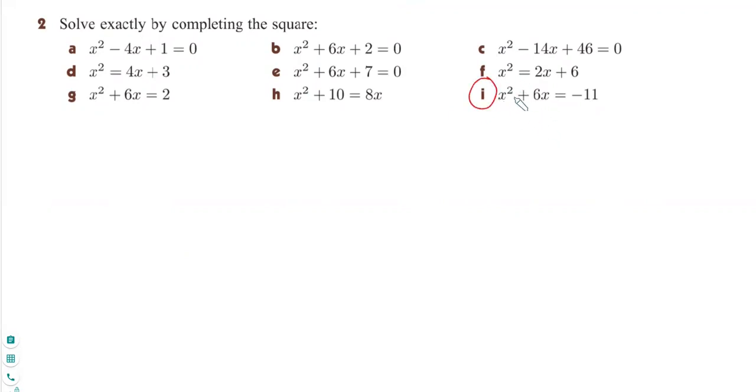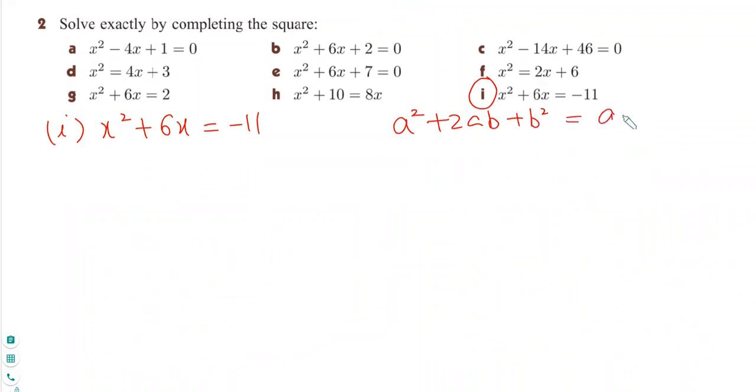So in the I part, we already have only two terms on the left-hand side, which are x terms, and the constant on the right-hand side. So I'm doing part I here, x square plus 6x is equal to negative 11. So we have to make a square plus 2ab plus b square on the left-hand side. And eventually this will be equal to a plus b whole square, right?